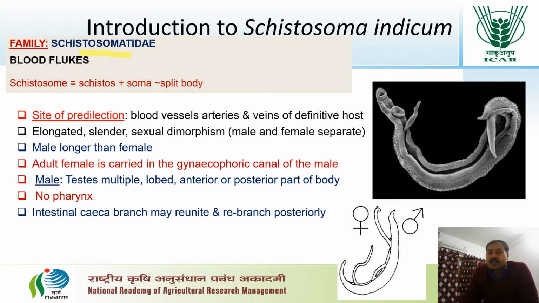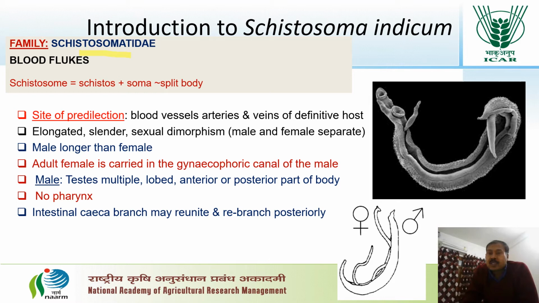Now, unlike the other trematodes, the schistosomes are typically bisexual. They have separate male and female organisms, unlike other trematodes like Fasciola, which is hermaphrodite.